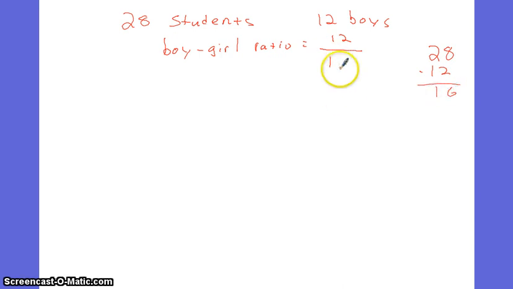So the boy-girl ratio is 12 to 16, which I can reduce to 3/4. Now, if I wanted to know the girl-boy ratio, all I would do is flip it around. It's 16 to 12, which equals 4 to 3.